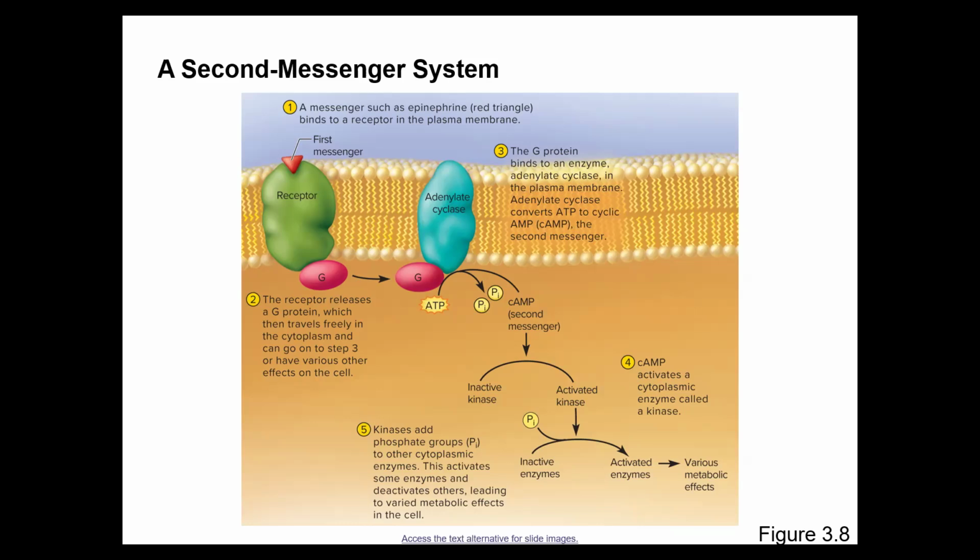So you see, like a domino, it's like a cascade. So they call it an intracellular signal transduction cascade, to mediate the effects of this first messenger who cannot get in.